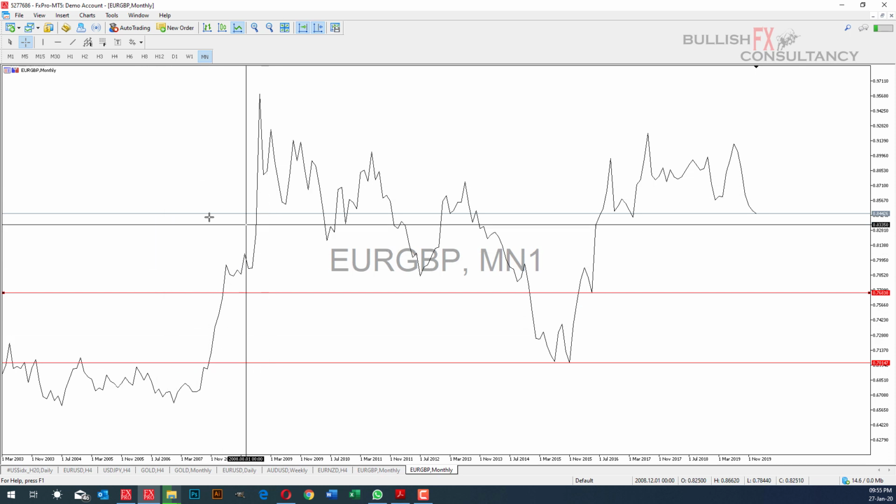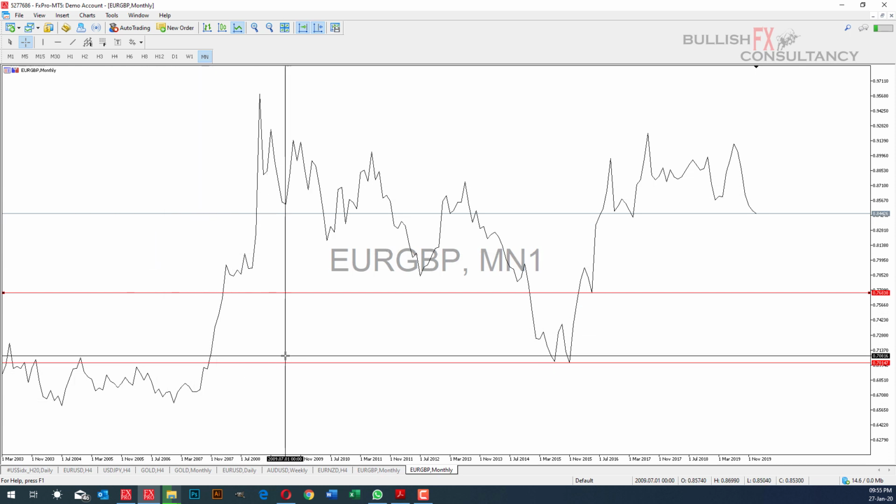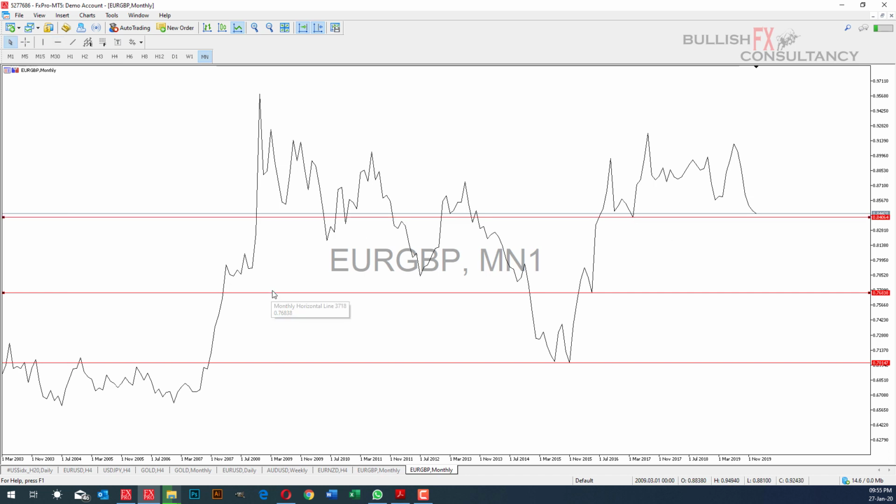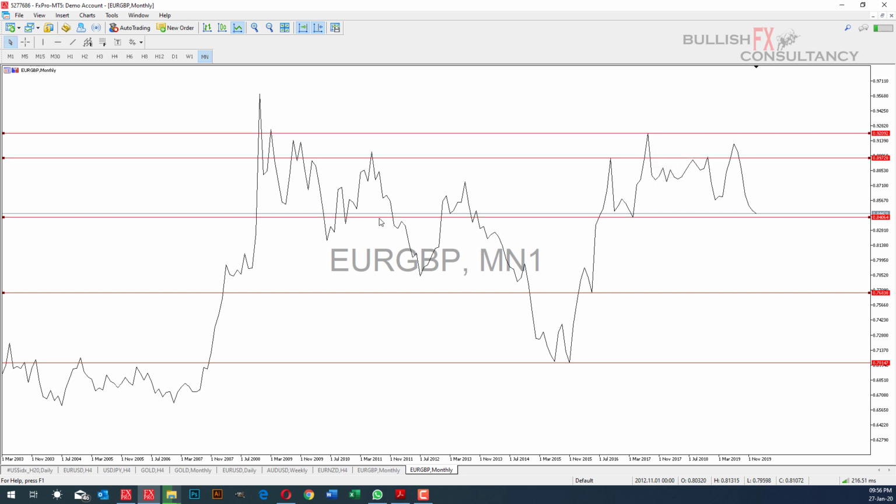Some can look as far back as 2007, but for me that data is now a bit redundant. Things have changed. Next we've got this low here, and then we come to this short-term high that was formed here. Then we've got this high.